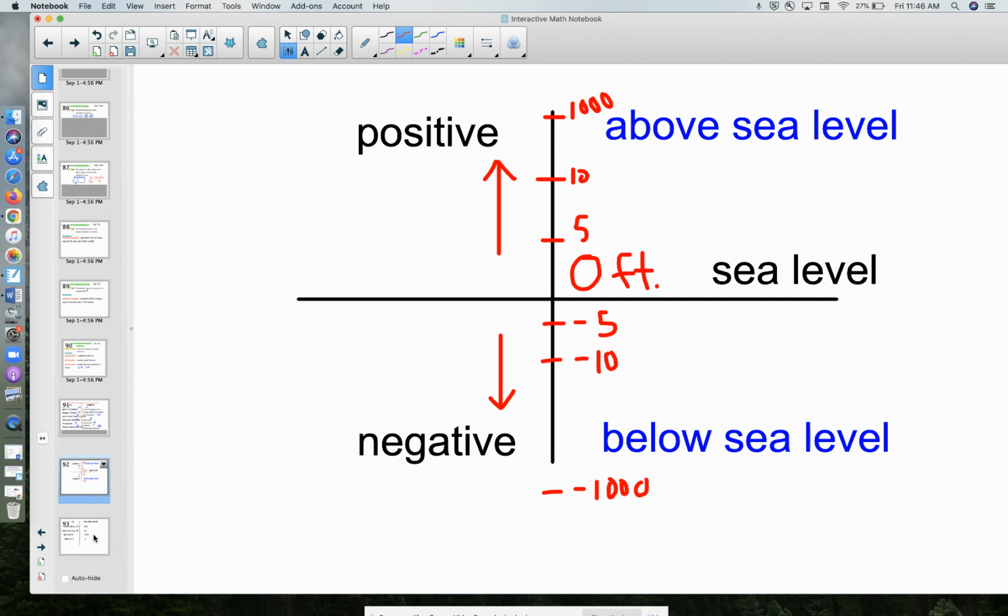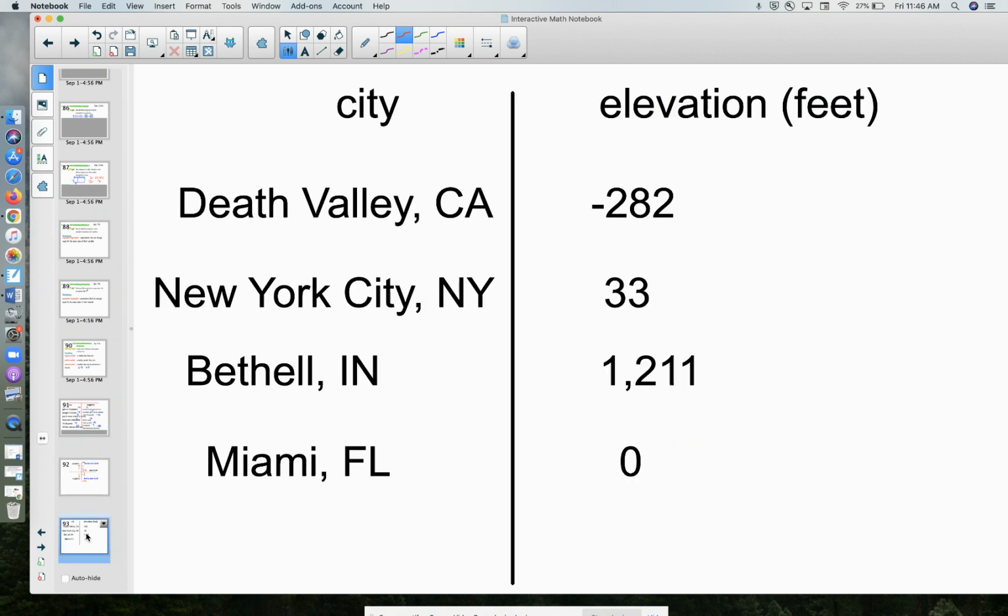All right. So take a look at this. You got Death Valley, California, negative 282 feet below sea level. You got New York City, that's 33 feet above sea level. You got Bethel, Indiana, that's 1,211 feet above sea level. And then you got Miami, Florida at 0, at sea level, basically.